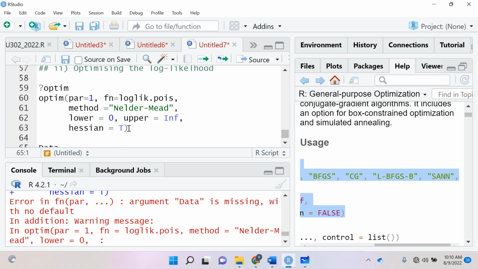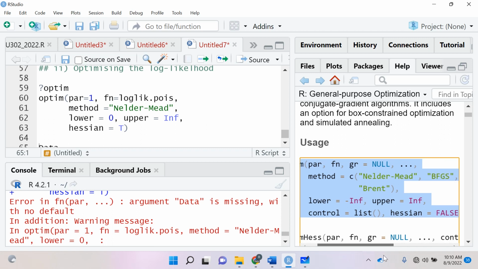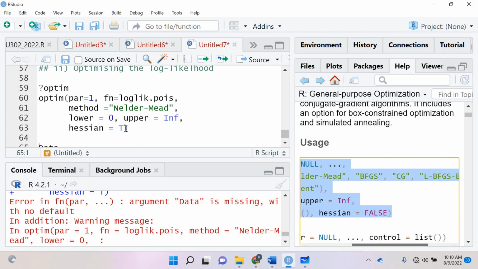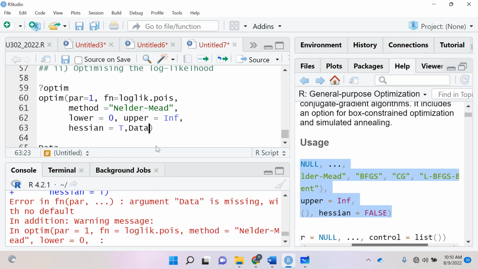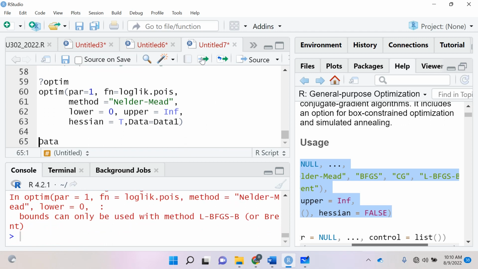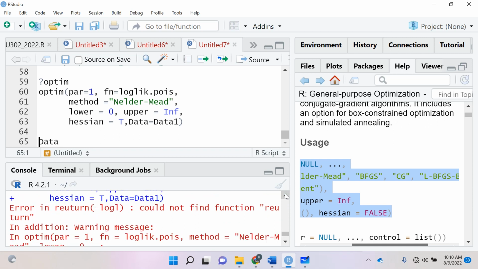So what I need to do is to provide it with data. And that's the more reason why, if you have this, you can provide your own arguments. Okay, so data, and it must be the same as what I have in the function, is equal to data 1, right? Data 1. Okay. So still I have an error. It says error in could not find function return.